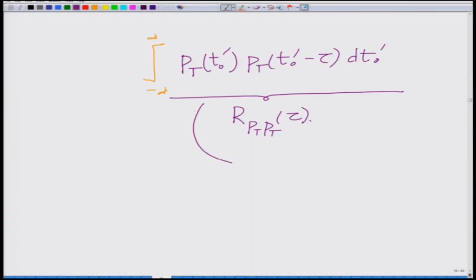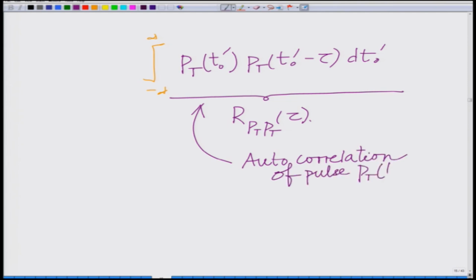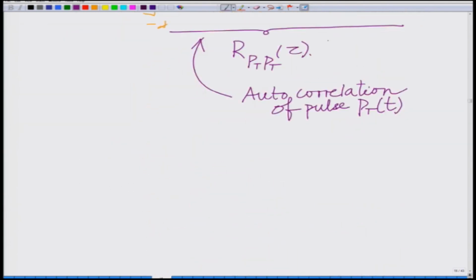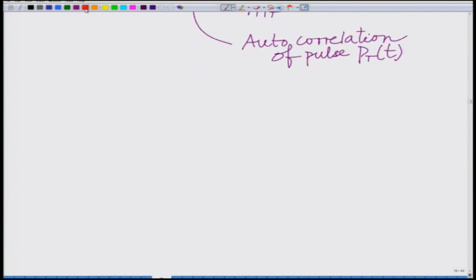So, this is the autocorrelation of the pulse p t, and therefore, this is nothing but p d over T times the autocorrelation of the pulse p t.